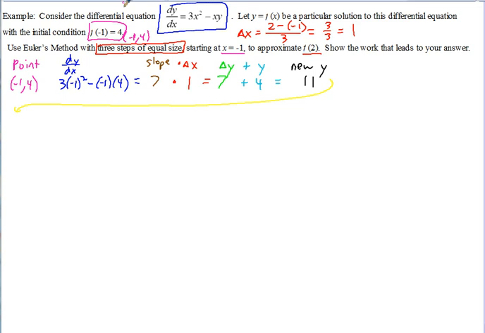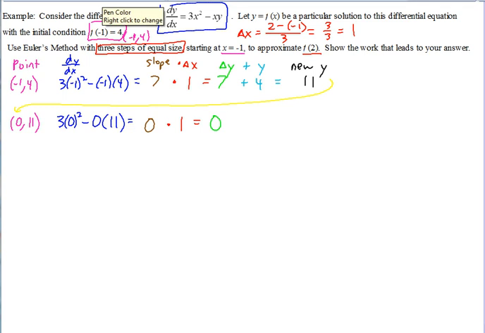Change the x-coordinate by our delta x, which is 1, it's going to be 0. New y-coordinate's 11. Calculate the slope again. It's going to be 3 times x squared, well that's just 0 squared, minus 0 times 11, well 0 wipes out everything, so that's just 0, times delta x is 1, gives you a change in y of 0 this time.